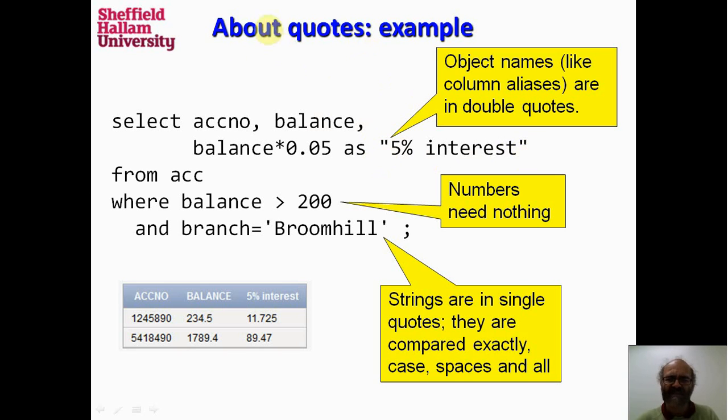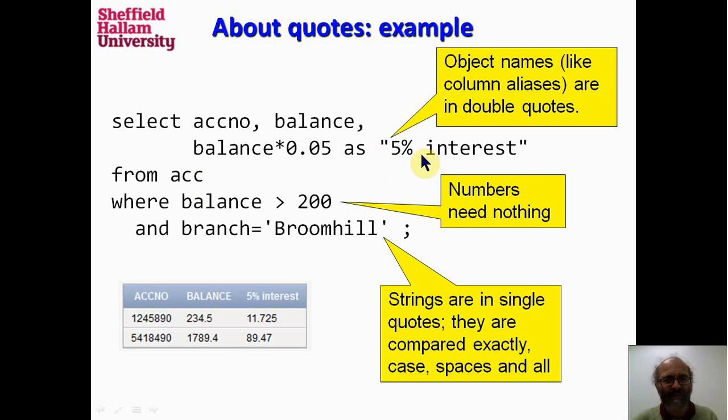Does that mean that I should be using double quotes around account number and around balance and around the table's name? Actually, we can use double quotes around column names and table names, but with ACNO, balance, AC, we don't have to, because those names are so simple that there's no possible error.